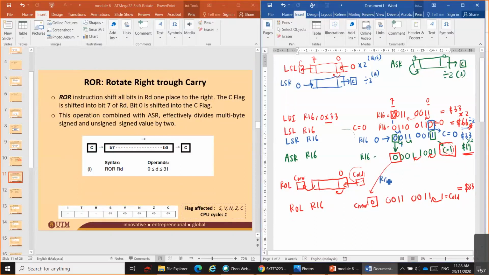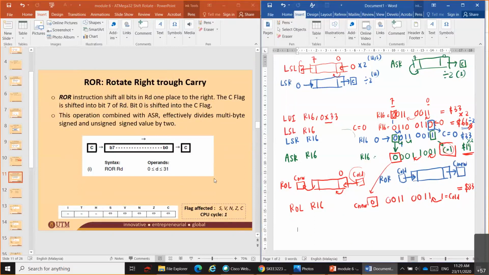So for ROR, you have a C old. This C old here will go to your bit 7, and then you shift to the right by 1 bit, while bit 0 here will go to your C new.